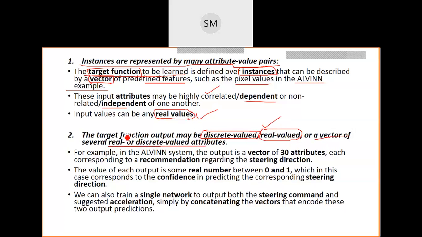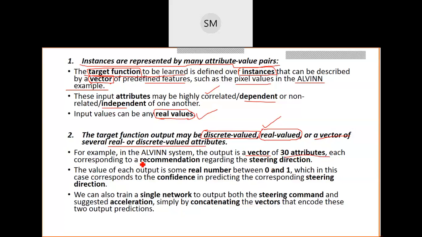For problems with a target function whose output is discrete valued, or real valued, or a combination of both, we can use artificial neural networks and the backpropagation algorithm. That is why in our autonomous vehicle problem we get the output in the form of a vector of 30 attributes, as I just told you.